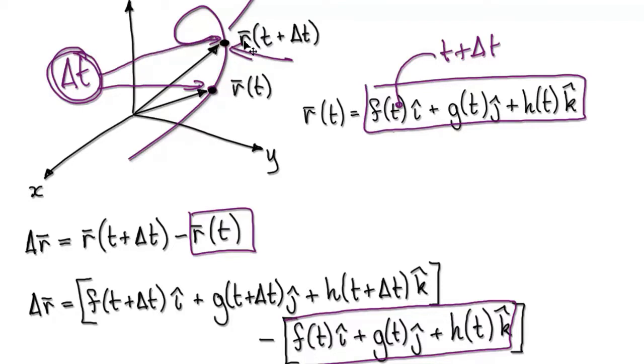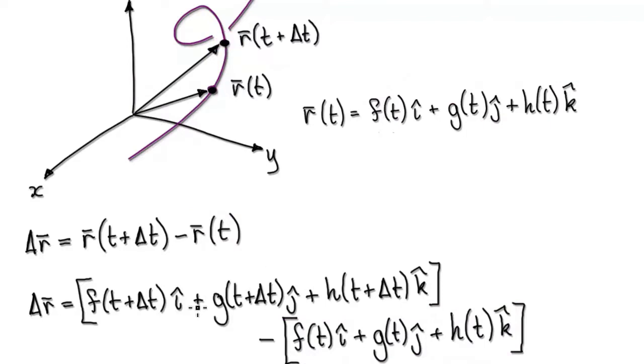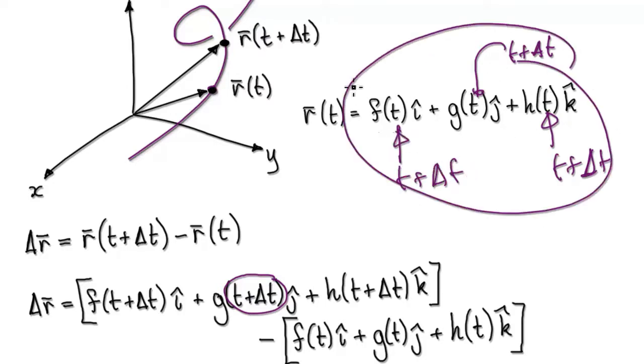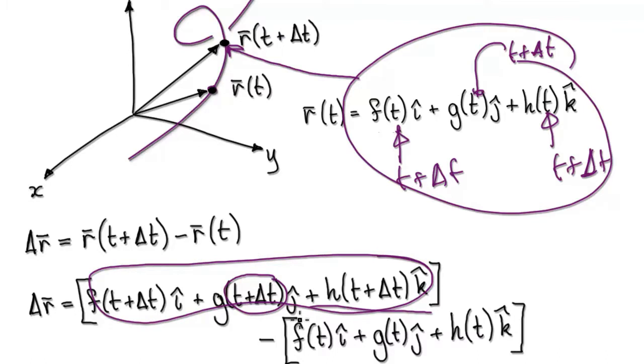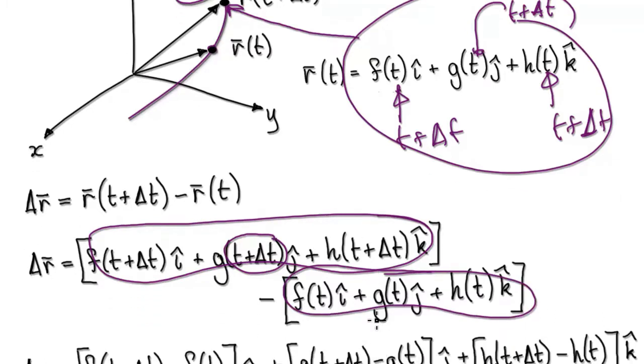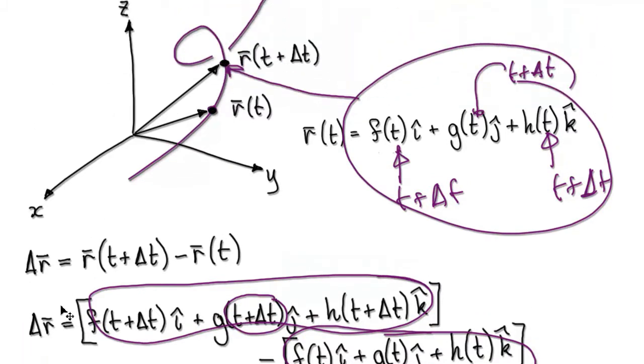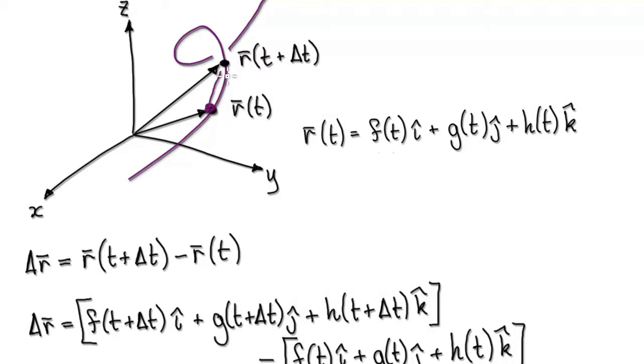So the location at this point would be f of t plus delta t, and then g of t plus delta t. So you're putting t plus delta t into here, and then here you would put t plus delta t, and then this thing here would be t plus delta t. So this whole thing represents this location. If you take this location and take away this location, that will give you delta r, which really represents the vector from here to here.